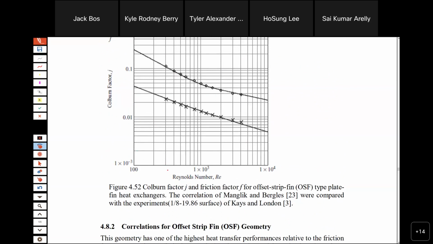There was a correlation for the Colburn factor and friction factor from Manglik and Bergles, with experiments by Kays and London. Wow, look at that. The marks are Kays and London.